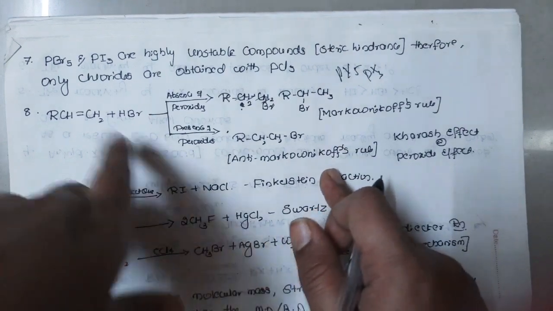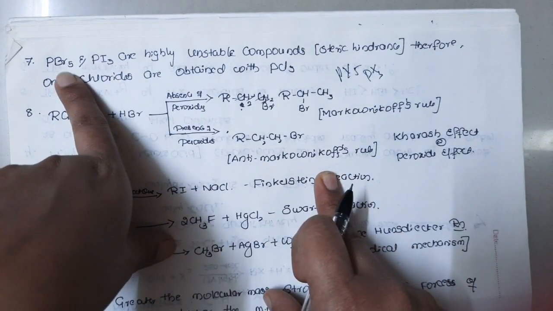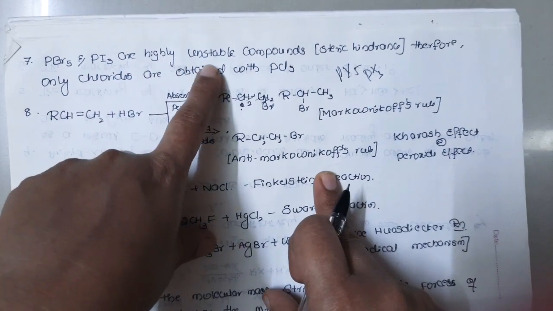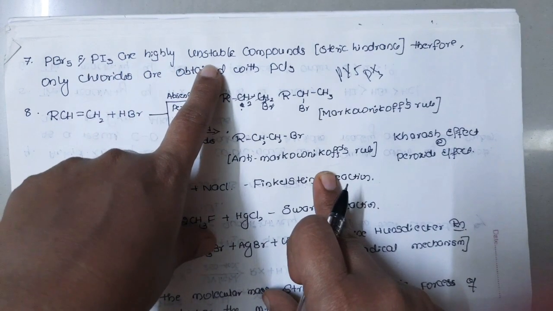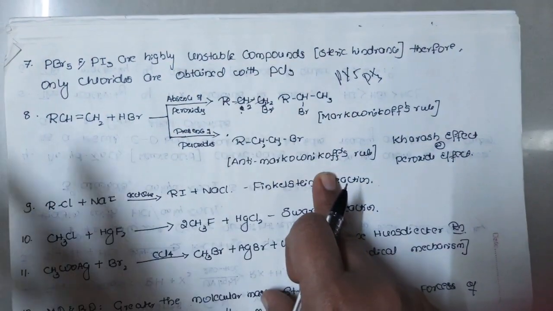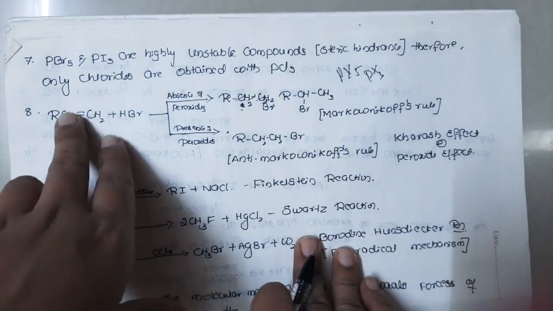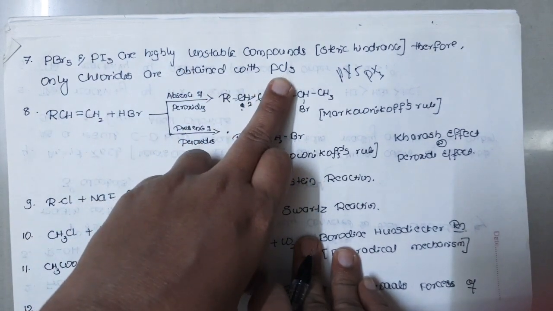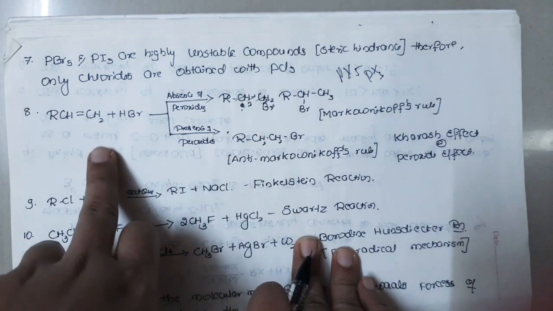In that case, PBr3, phosphorus pentabromide and phosphorus pentaiodide are highly unstable compounds. Why are they unstable? Because of steric hindrance. Therefore, only alkyl chlorides are obtained with PCl5. You have to remember that.